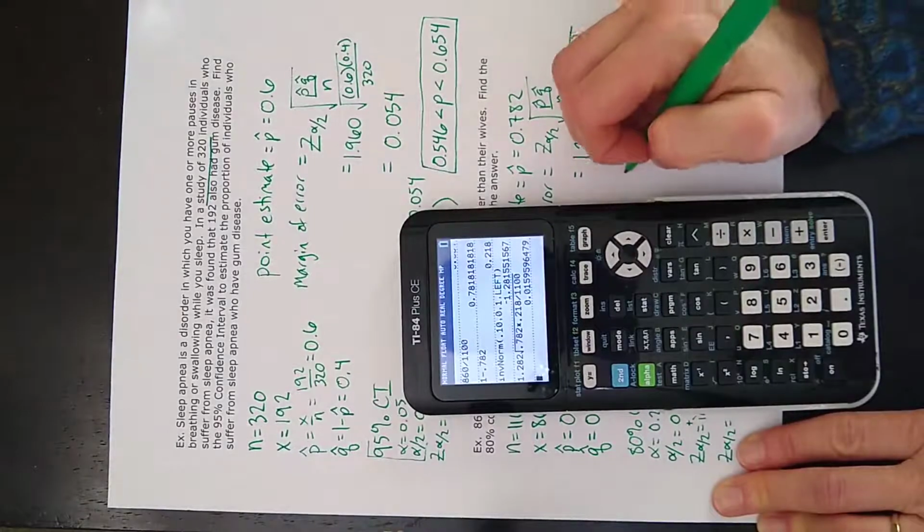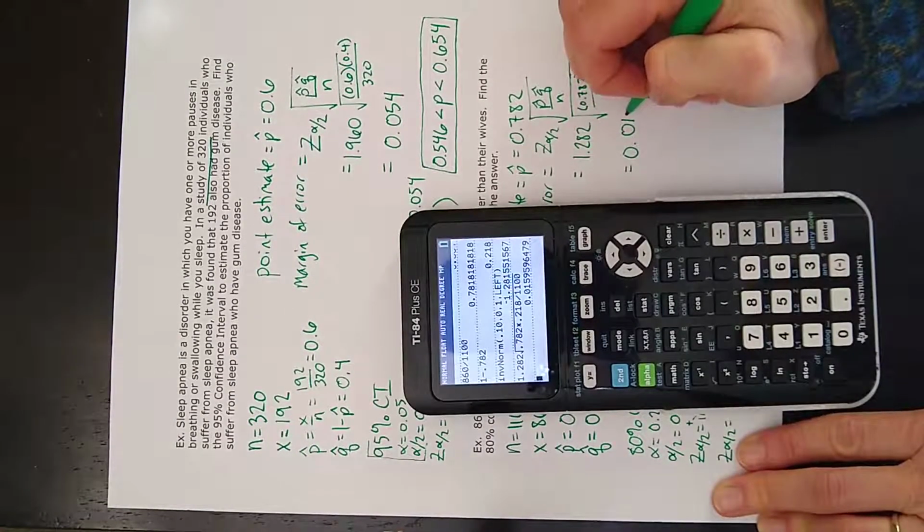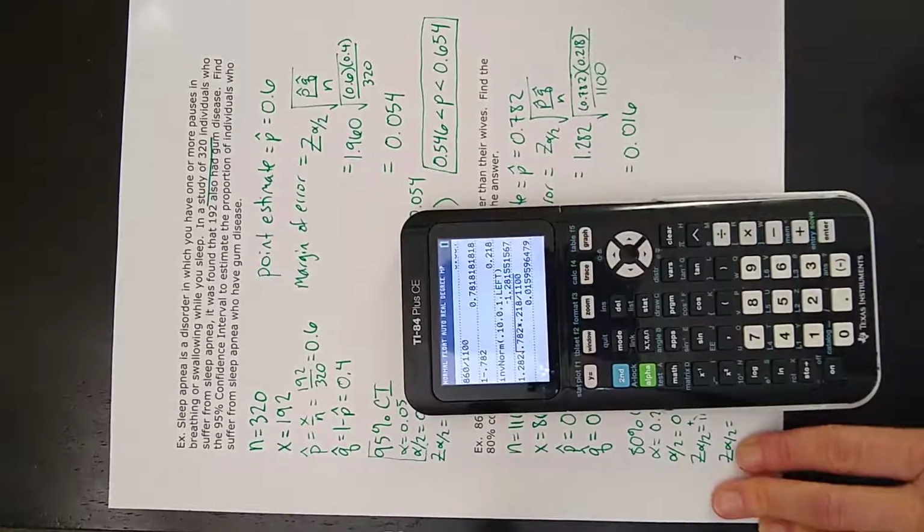And so our margin of error is 0.0159. We'll call it 0.016.